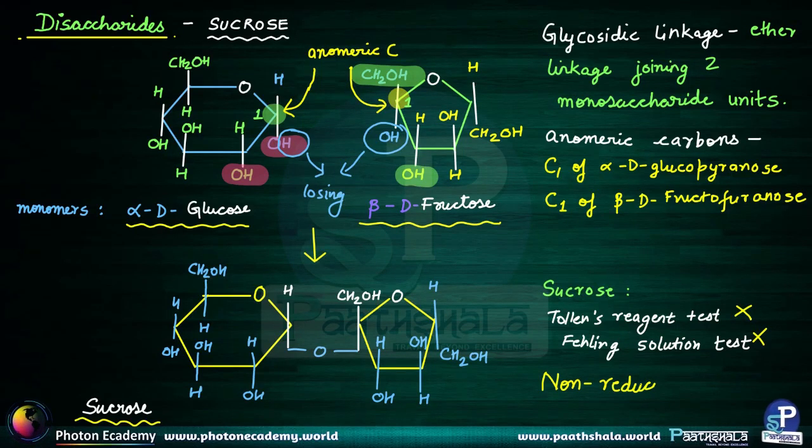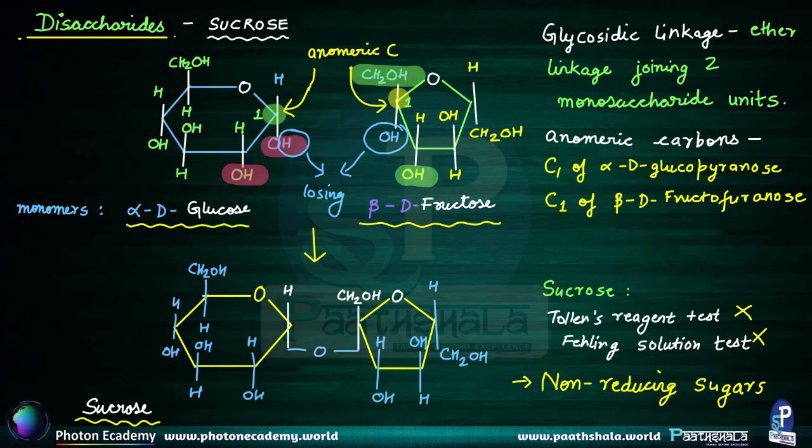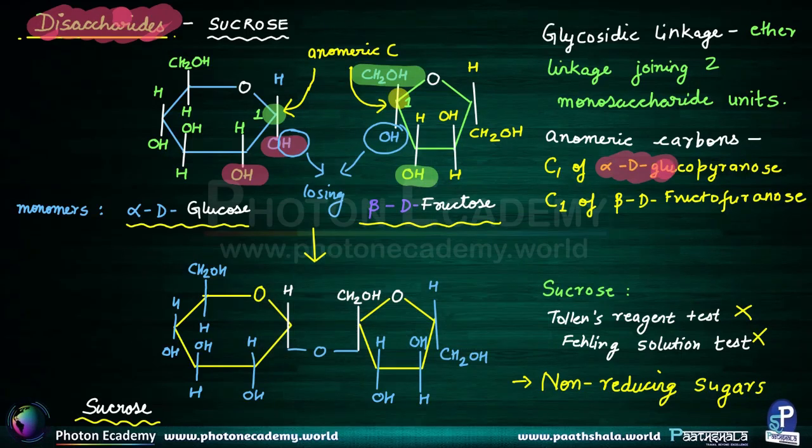Also, since both these tests are negative, sucrose becomes a non-reducing sugar. We did the two categories of sugar, in which we saw that carbohydrates which gave both the Tollens and the Fehling solution tests were reducing sugars, and now we saw sucrose, which does not give both these tests and therefore is called a non-reducing sugar. So the points of highlight of sucrose are, firstly, it is a disaccharide, made up of two monomers, alpha D glucopyranose and beta D fructofuranose.